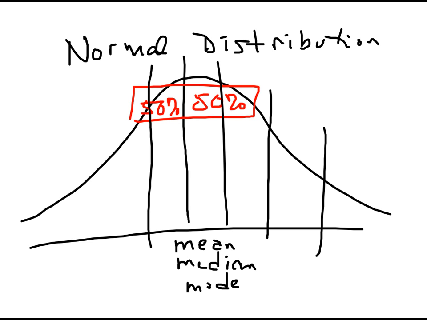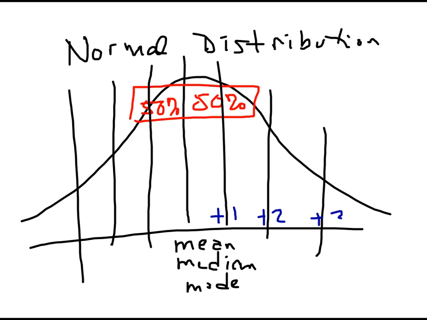And as you can expect, to the left, we also have -1, -2, and -3 standard deviations from the mean. So this would be +1, +2, and +3 standard deviations, -1, -2, and -3 standard deviations.